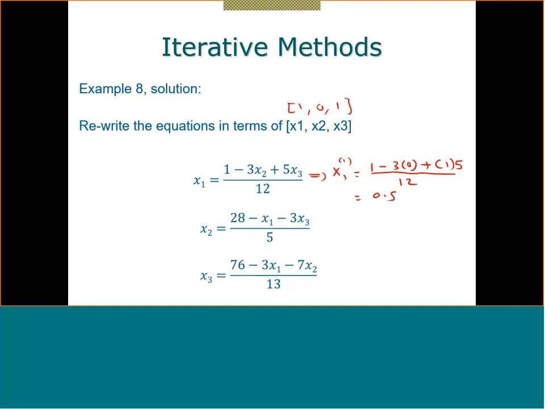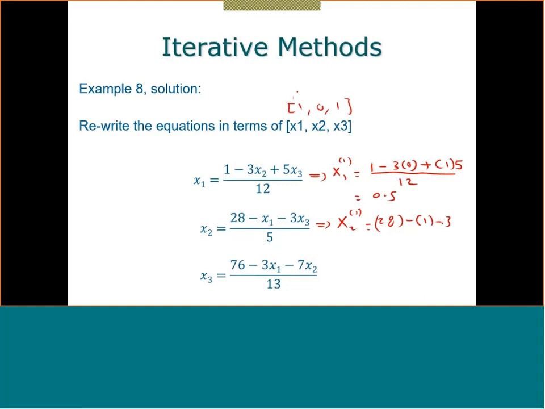Okay. Now let's go to x2. When you start x2, you will have different values if you use the Gauss-Seidel method or the Jacobi method. So let's start with the Jacobi. If I want to find x2 first iteration using the Jacobi method, then it will be 28 minus x1, and for the Jacobi method I go back to the initial guess, which is 1, minus 3x3.